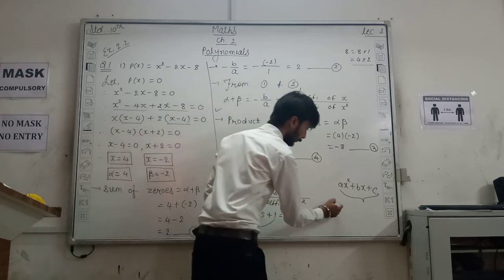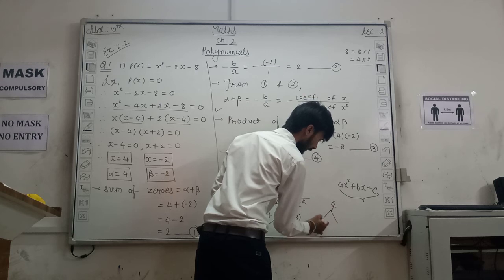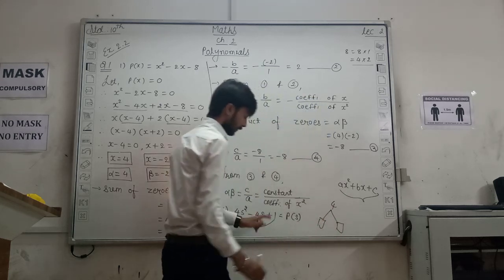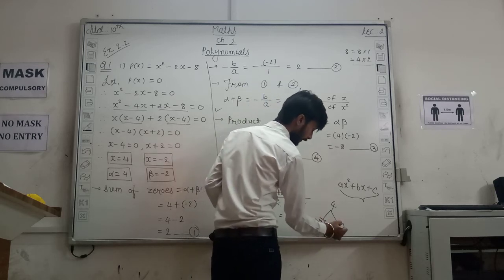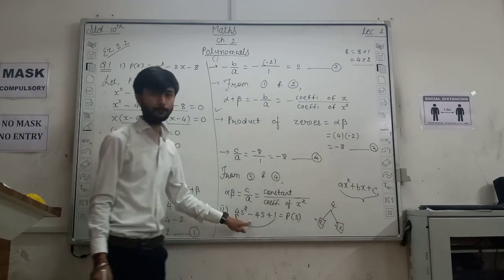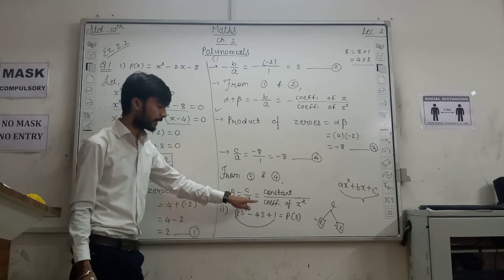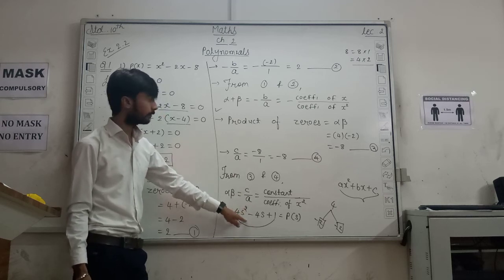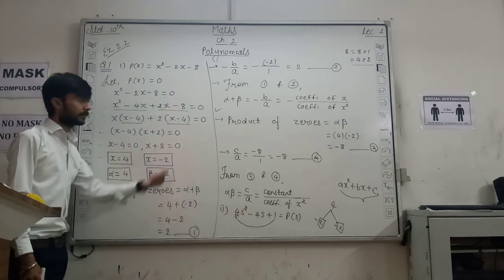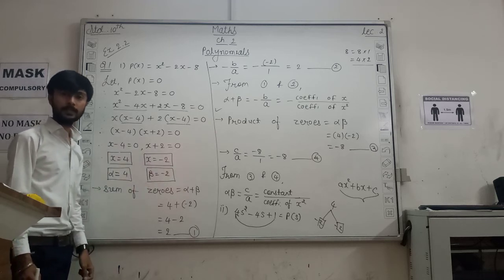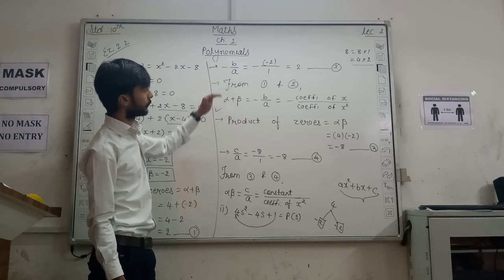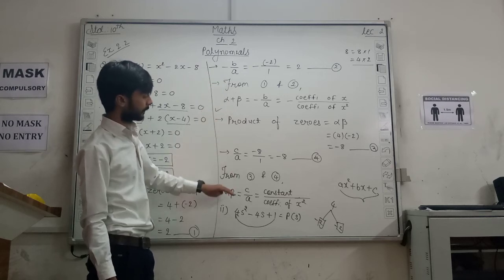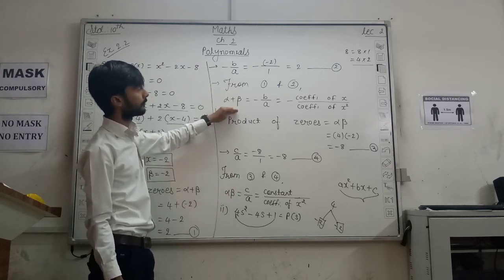Now factorize 4 into two factors whose sum is -4, that means -2, 2 twos are 4, and -2 and -2 is -4. After that, apply the same procedure, and at the end show this relation, the product of zeros and the sum of zeros.